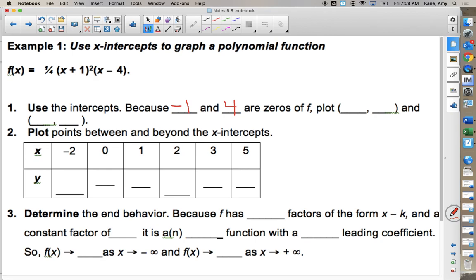I know it's a pretty obvious question, but how'd you get that? So really, if you're finding a zero, you're just setting each of those equal to 0, you're solving for x. So because -1 and 4 are the zeros, we're going to plot those 2 points as x-intercepts. So the zeros form an x-intercept of -1, 0, and it forms an x-intercept of 4, 0.